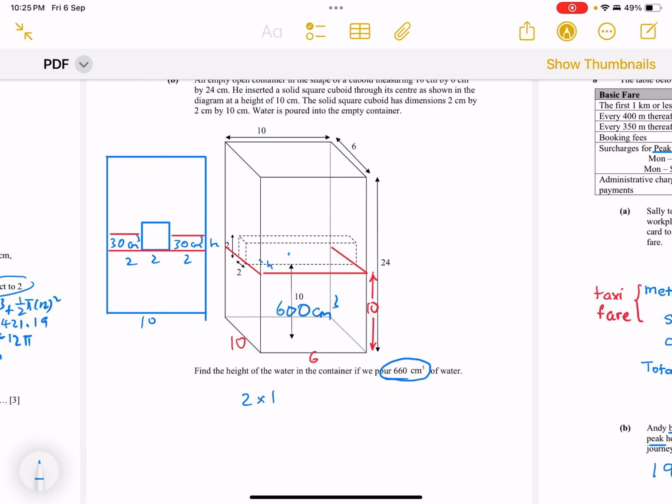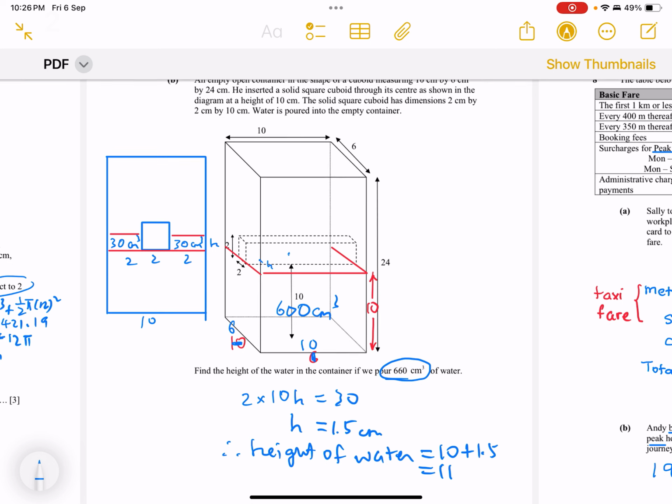Oh, this is 10, this one is 10, and this is 6. So 2 times 10 times the height equals 30. So the height is actually 1.5 cm. Therefore the height of the water is 10 plus 1.5. That is 11.5.